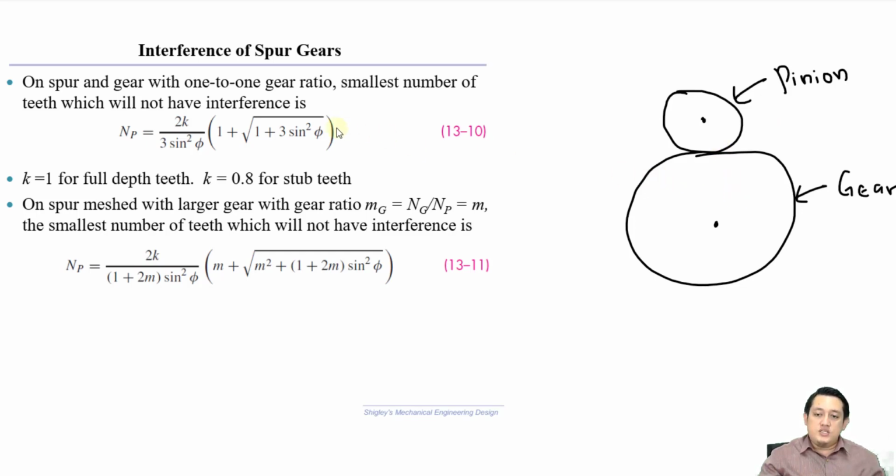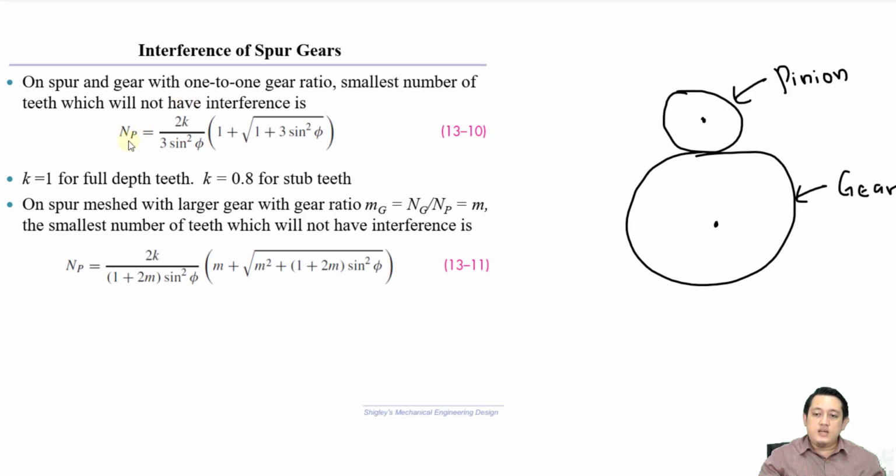Let's look at situation number 1, when both pinion and gear have a 1-to-1 gear ratio. A 1-to-1 gear ratio means that the size of both gears is the same. The smallest number of teeth which will not have interference is given by this equation.